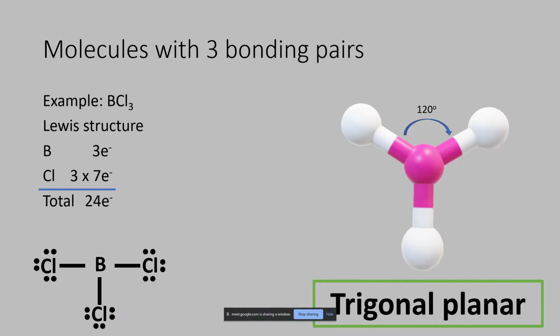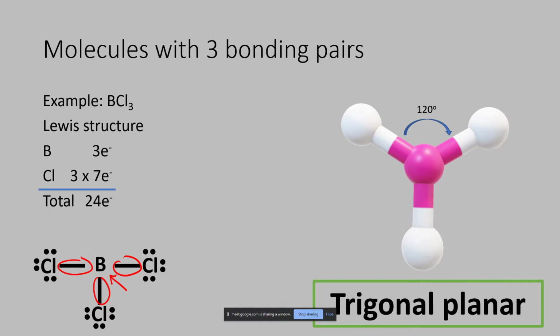Let's see kalau 3 pula. Okay, 3 contoh beryllium trichloride. Alright, so beryllium trichloride, kita only tengok central atom. They have 3 bonding pairs. So bila 3 bonding pairs, the furthest away nak letak is in trigonal planar.